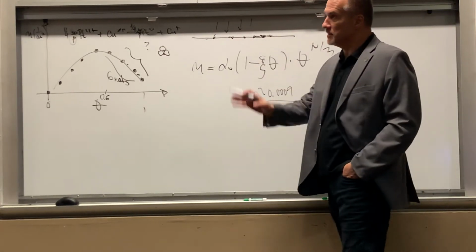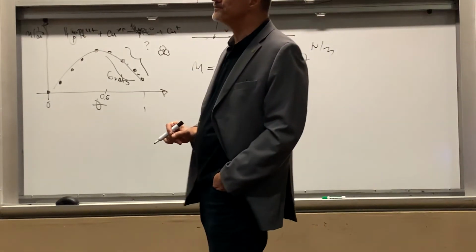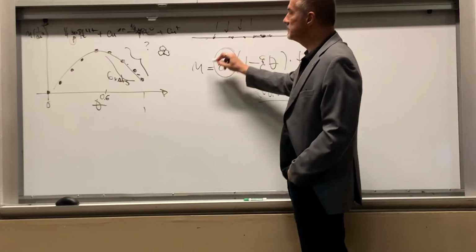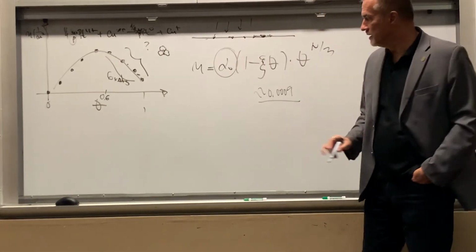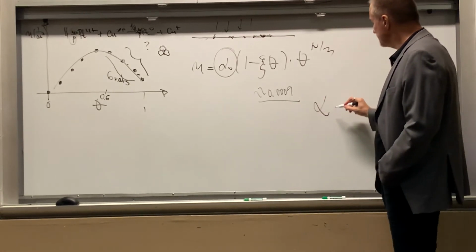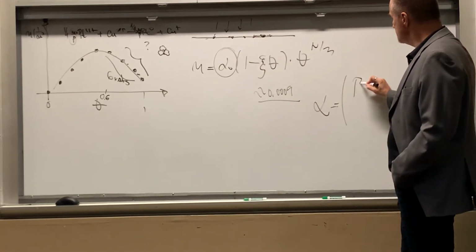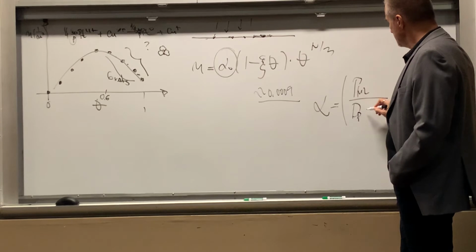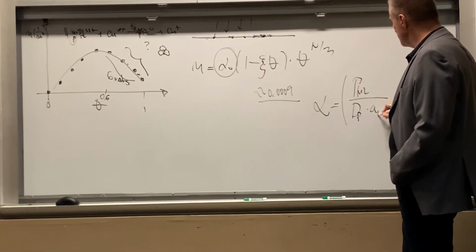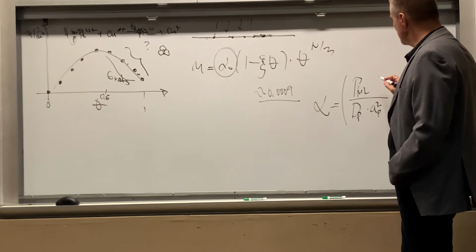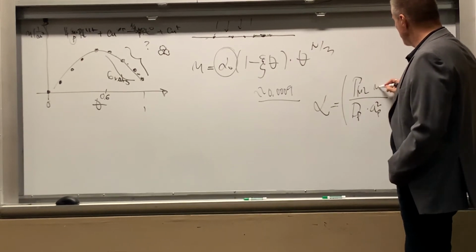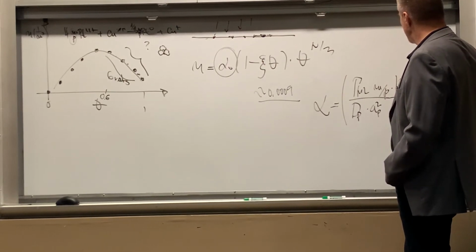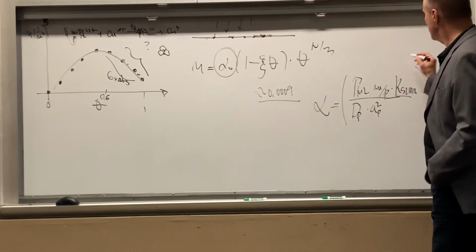If you fit this to that, this is what you get. The more important part is that you can extract the value of this constant alpha. To remind you, this alpha is equal to G monolayer, D_p, which is diffusivity, A_p squared, m over p times k, SLRR, or 0.13.